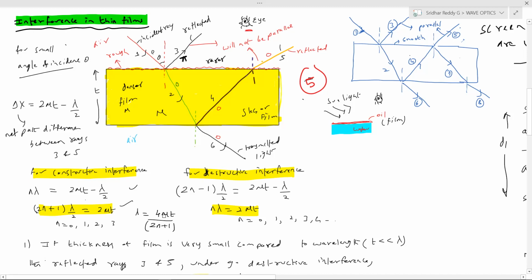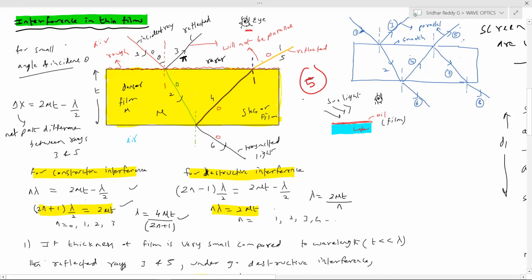Those wavelengths which satisfy this equation, putting n equal to 0, 1, 2, 3, 4 and so on, will undergo constructive interference. Then for the other equation, lambda is equal to 2 mu t by n, and n should not be 0. n starts with 1, 2, 3, 4.